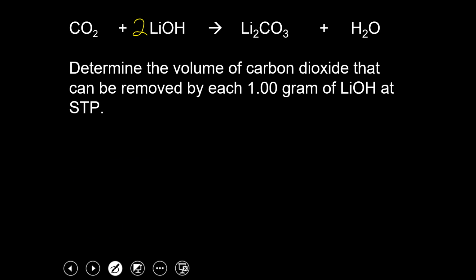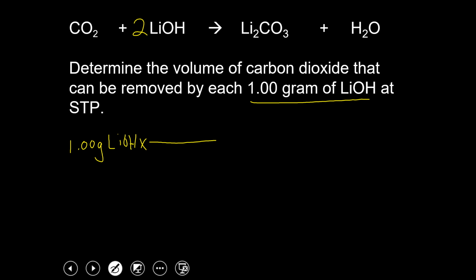So this one's a review of what we did in the stoichiometry unit. We learned that if you're trying to relate amounts of reactants and products, you should start with the amount that you're given. So we're going to start with 1 gram of LiOH. And if it's not in moles, your first job is to convert that into moles.